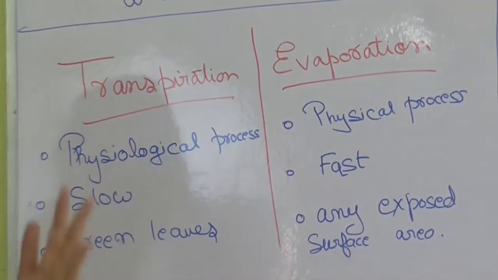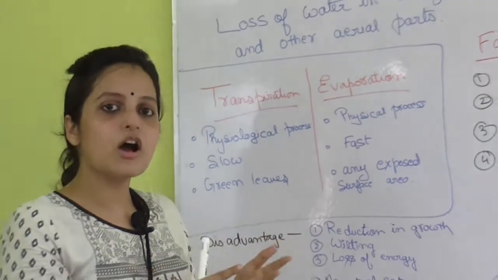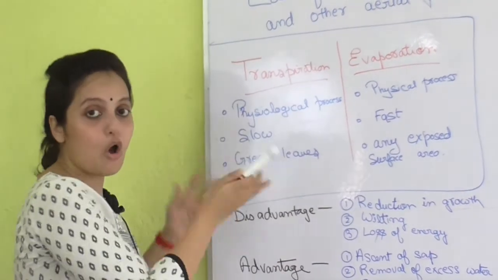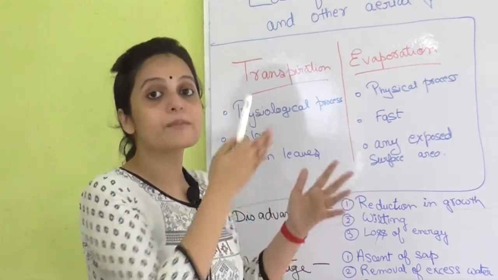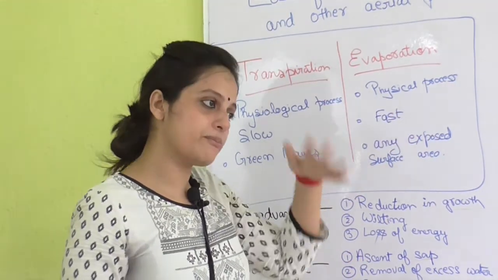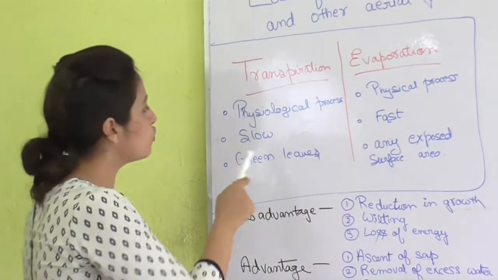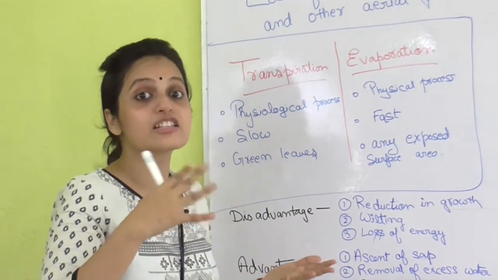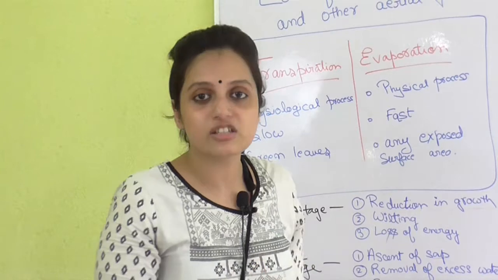Both the processes are almost the same. Water vapor is going away from the body, but somehow both are different. How? Number one, transpiration is a physiological process. It occurs in the living cells, while evaporation is a physical process. It occurs in living cells, but it also occurs in non-living cells as well. Number two, transpiration is a very slow movement. The water is transpiring very slowly, whereas evaporation is much faster.